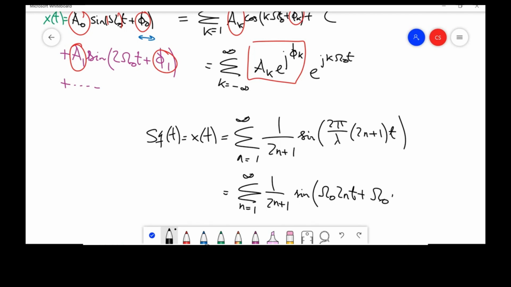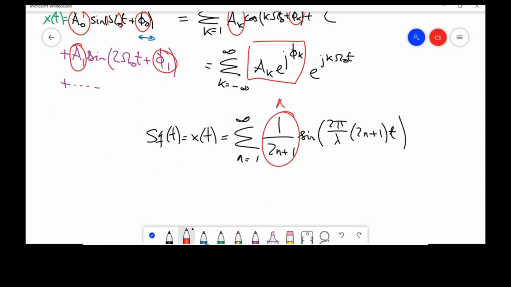Actually, we don't need to rewrite it any other way. I wanted to extract the phase, but we don't have the phase. This is the amplitude of the n-th harmonic. This is the frequency, 2n plus 1 times omega 0.